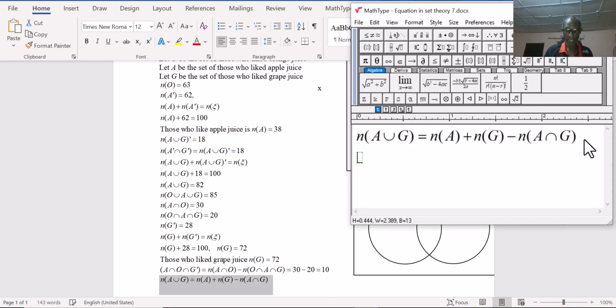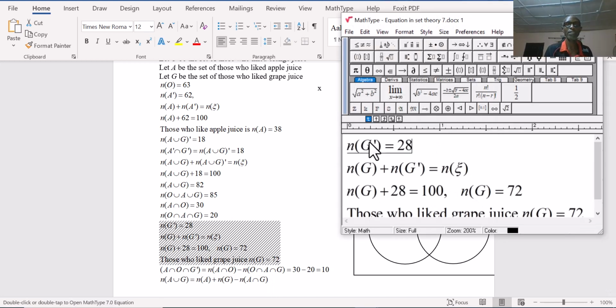That's 82 equals n(A). Those who like apple, we found it to be 38. So this one will be 38. Those who like grape juice, we found it to be 72 from this.